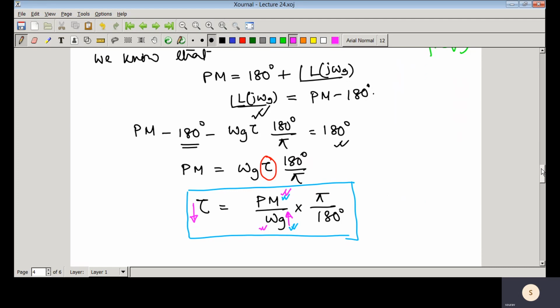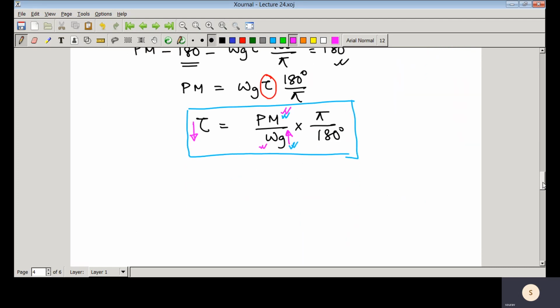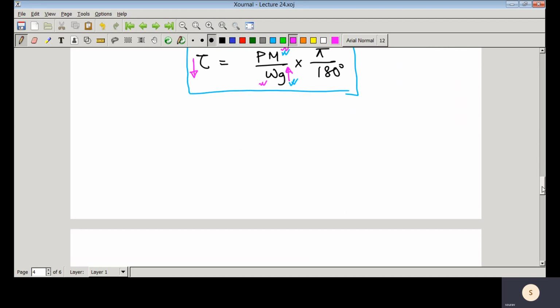Whenever we studied first order and second order systems, that is time domain analysis, there we saw how to characterize the system, or how to define its specifications, and it is defined in terms of percentage of overshoot, settling time, delay time, peak time, or damping ratio. Those terms are the time domain specifications.